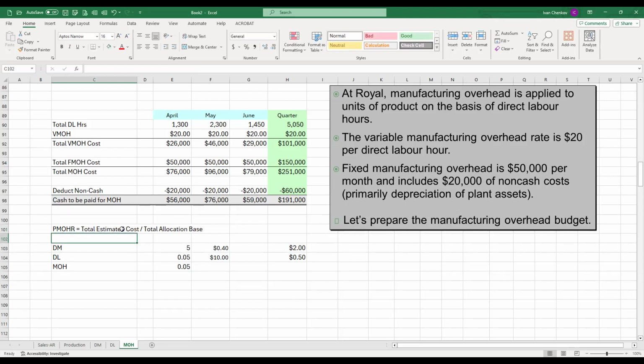What's our allocation base? Our allocation base is direct labor hours. What's the total estimated cost? Total estimated cost for the total manufacturing overhead.